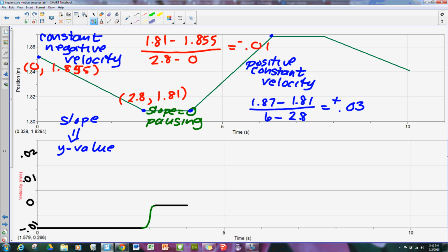So on my graph, it's a constant slope, so a constant y value on my velocity time graph.